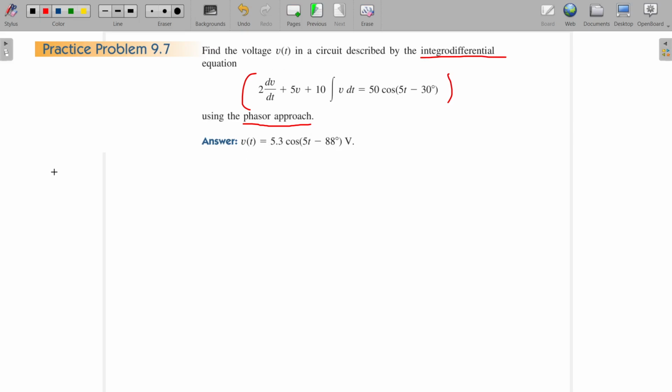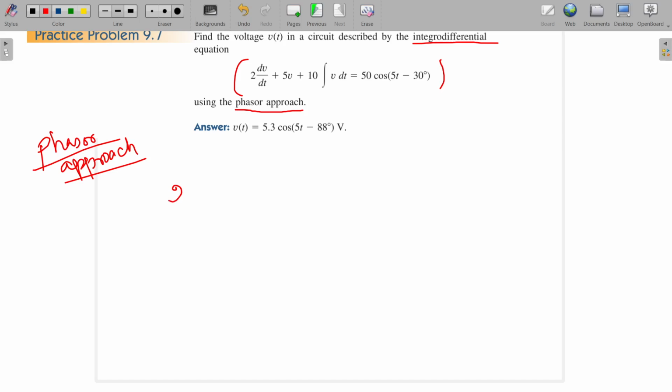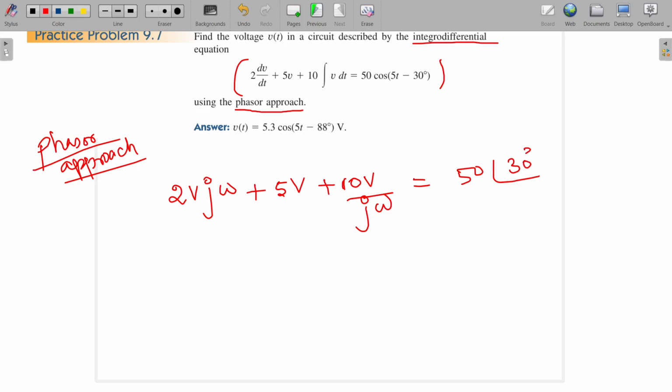Okay, fine. So for this phasor approach, this can be written as 2V into j omega plus 5V plus 10V divided by j omega, that is equal to 50 angle minus 30 degrees.